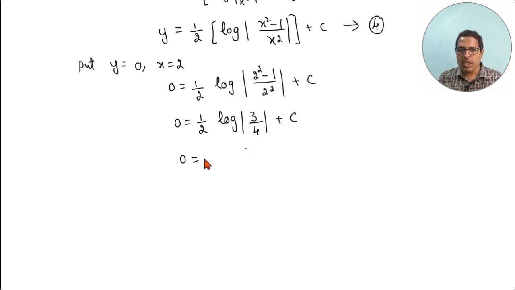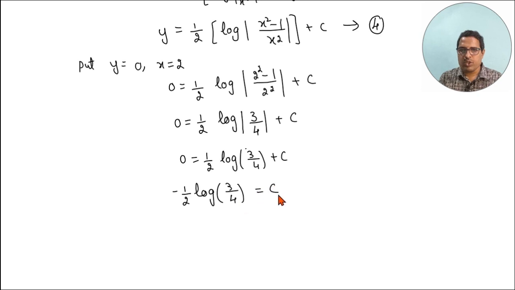This can be rewritten as 1 by 2 because they are positive values. You can just write without mod, it is 3 by 4 plus c. You send this value on the side, we get minus 1 by 2, it is log of 3 by 4 is equal to c. Therefore we have got the value of c to be equal to minus 1 by 2 times of log of 3 by 4.